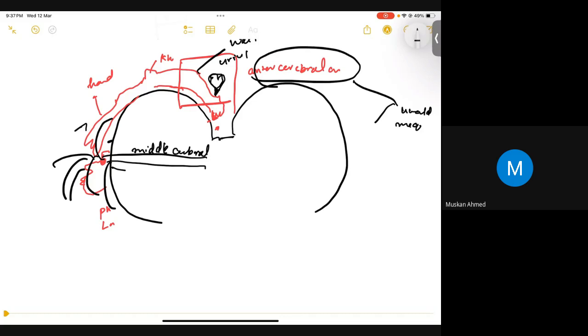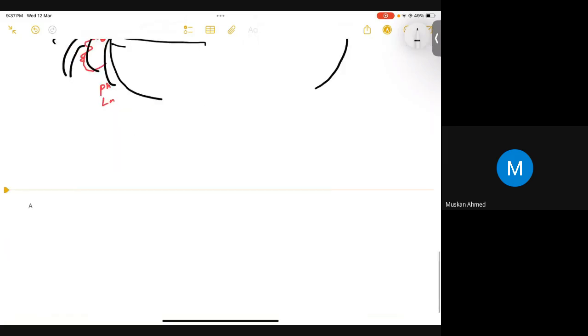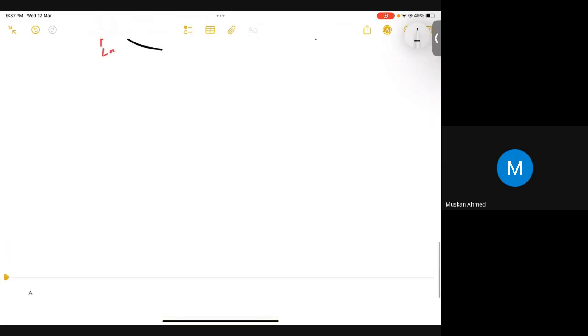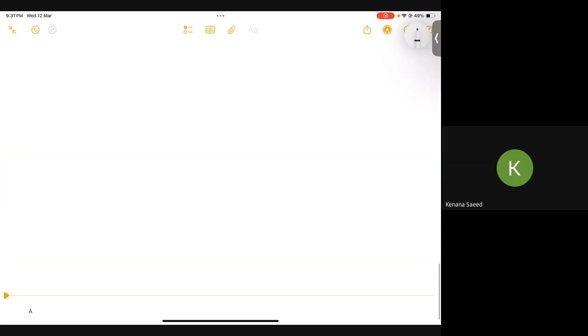Yes, sir. Okay. So now let's discuss corticospinal tracts. What are corticospinal tracts? The descending tracts come from the cortex towards the spinal cord. So let me just name it as corticospinal tract. Is that clear? Yes. Okay, perfect.